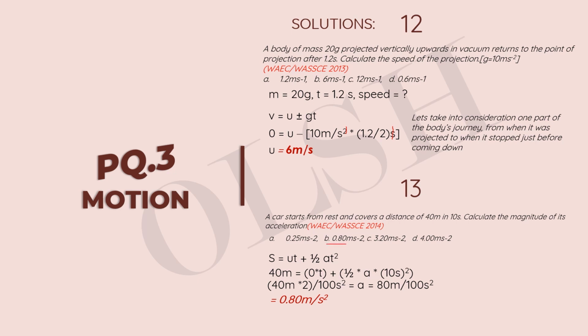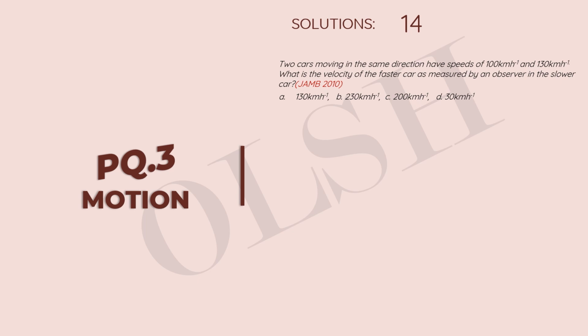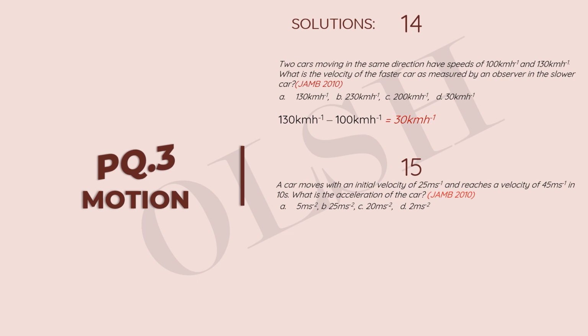All right, so let's move on to number 14. Two cars moving in the same direction have speeds of 100 km per hour and 130 km per hour. What is the velocity of the faster car as measured by an observer in the slower car? Okay, so we can see this is a case of relative motion. So basically it's just going to be 130 km per hour minus 100 km per hour, which will be 30 km per hour.